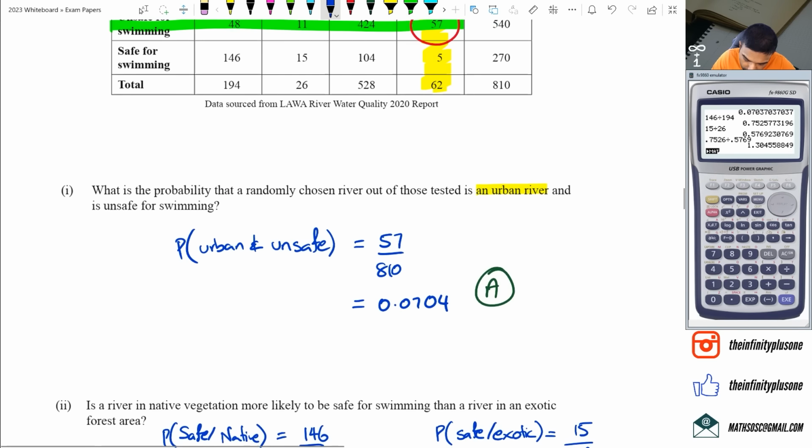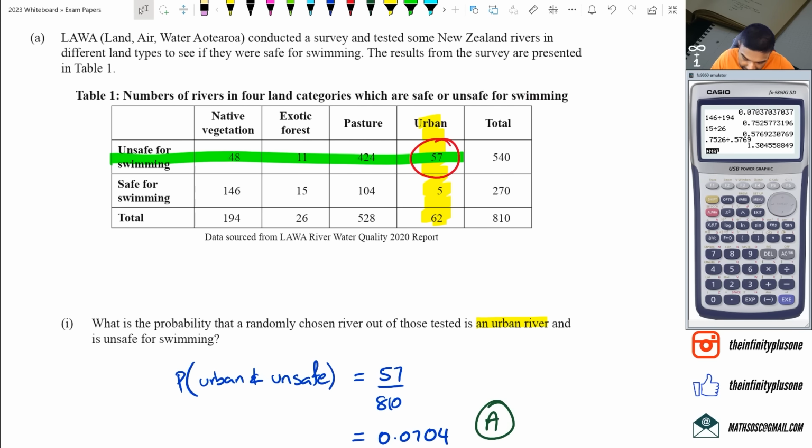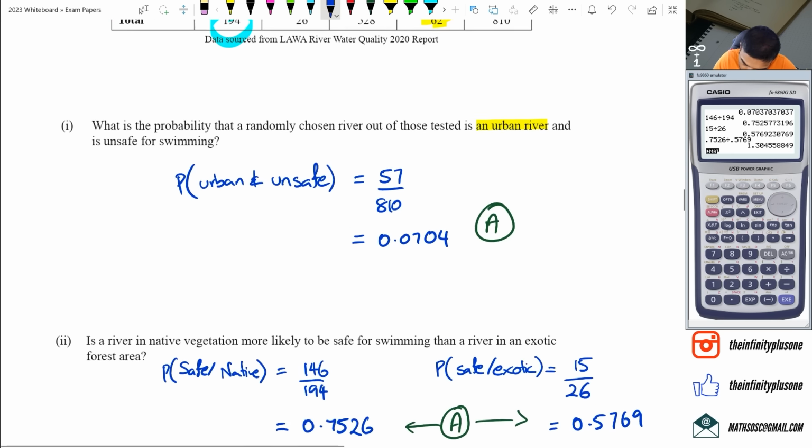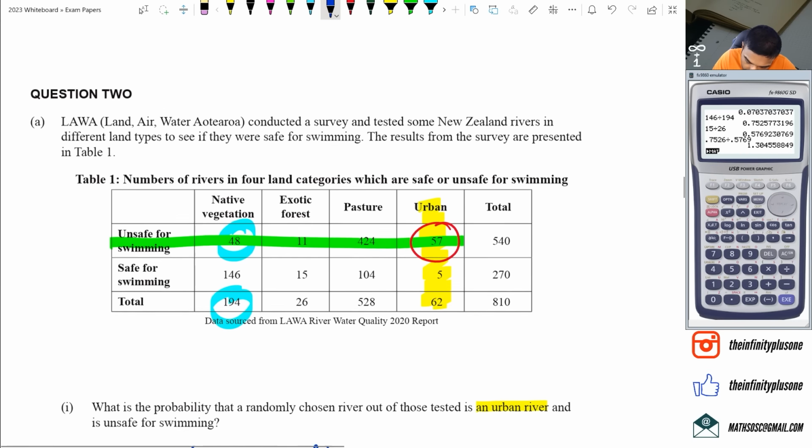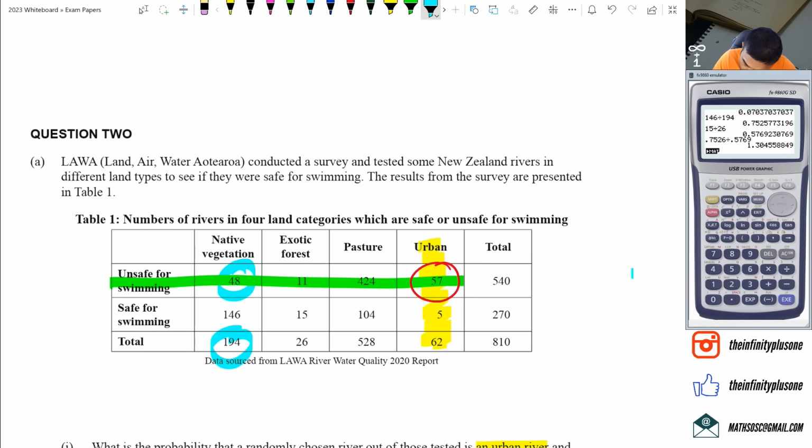So if I go back to the table, for native, 48 out of 194 is unsafe for swimming, right? So I type in 48 over 194. Then for exotic, I repeat the same process.